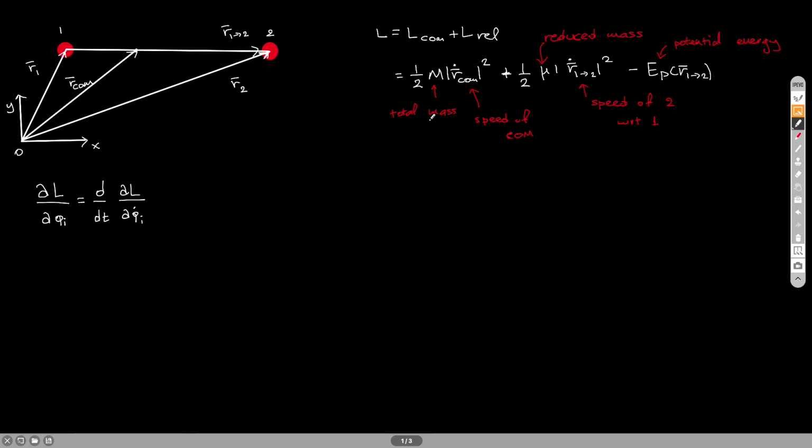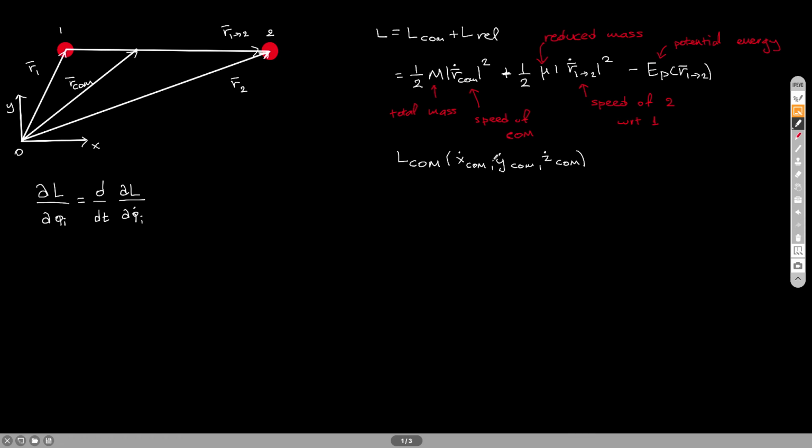The first part, the Lagrangian of the center of mass, depends on the speed squared. The speed is always dependent on the x component of velocity, the y component of velocity, and the z component of velocity.